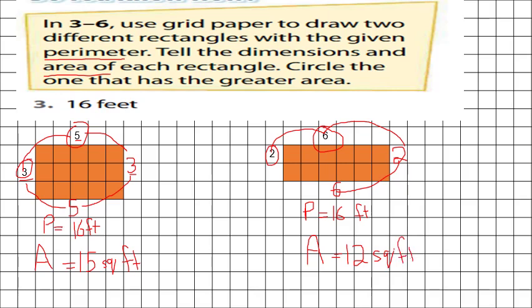Now we have to circle the greater area according to the problem. So shape A and shape B, which one has the greater area? Quickly. Excellent, shape A. So we will circle the greater area.